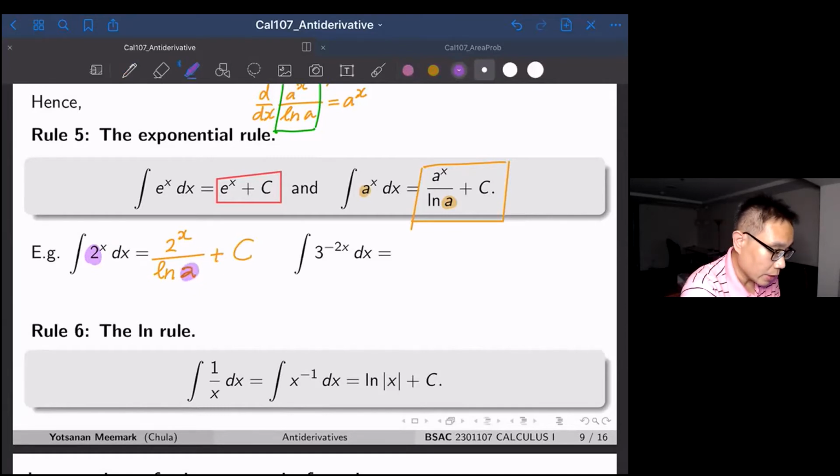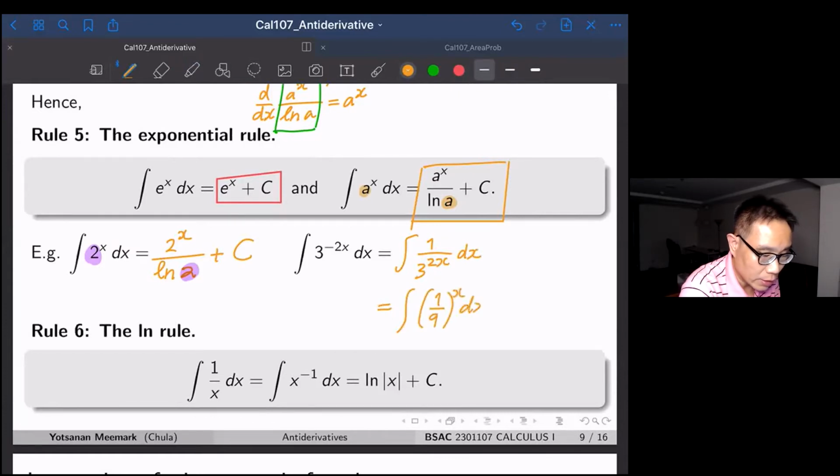And integrate 3 to the negative 2x. I'm going to write this one out. It's 1 over 3 to the 2x dx, which equals 9 to the x dx inverted.